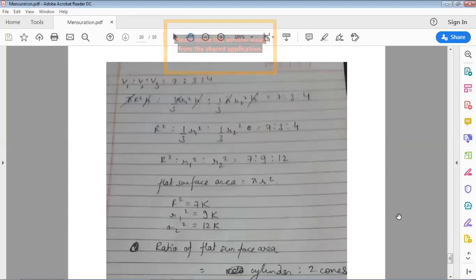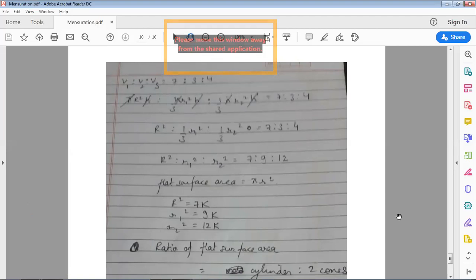Okay. So the first part of the question was a solid metal cylinder of 10 centimeter height and 14 centimeter diameter is melted and recast into two cones in proportion of 3 is to 4 volume wise. So what can you interpret from this line of the question? We can interpret it as 7 is the ratio of the whole cylinder and 3 is to 4 is the ratio of the cones.